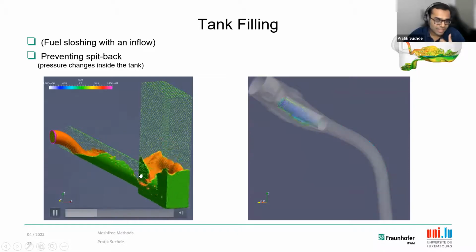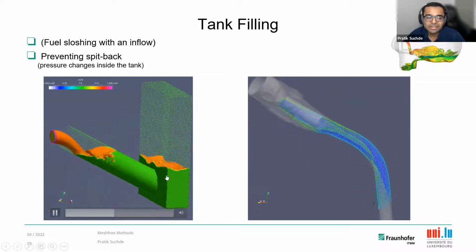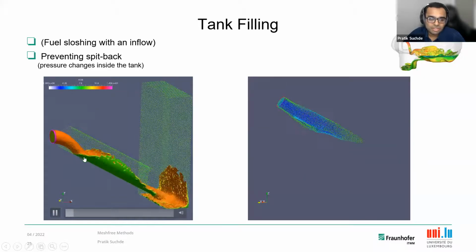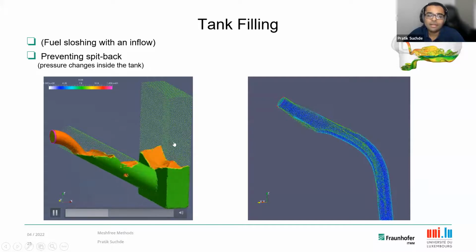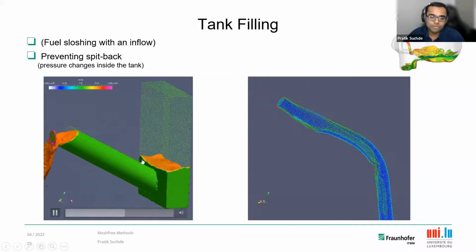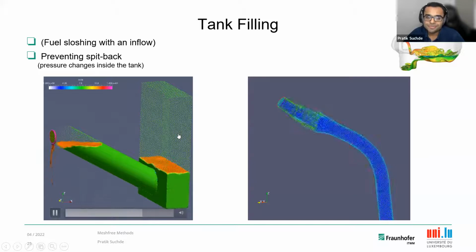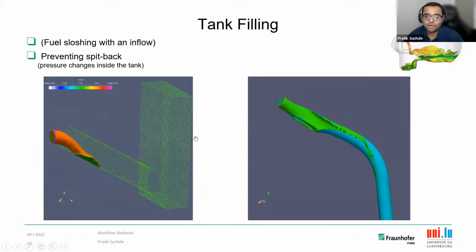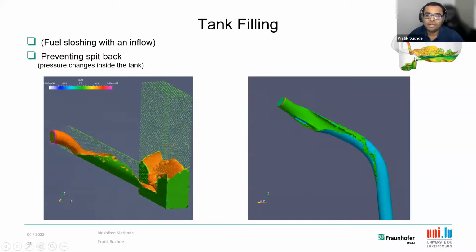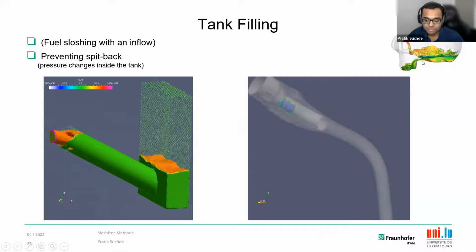You see a simplified example of that on the video on the right: due to pressure changes inside the tank and due to the geometry of the inlet, it happens that your pressure outside and inside equalizes before you can fill the whole tank, and then you just get fuel overflow and you're unable to fill anymore. So these simulations are used for checking the design of the inflow channel of the fuel chamber itself.